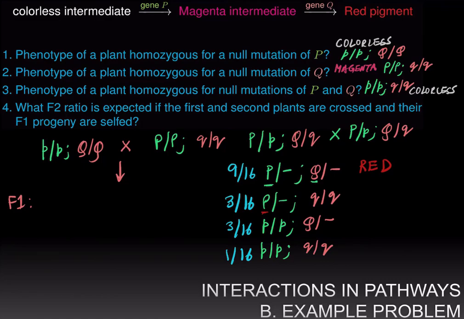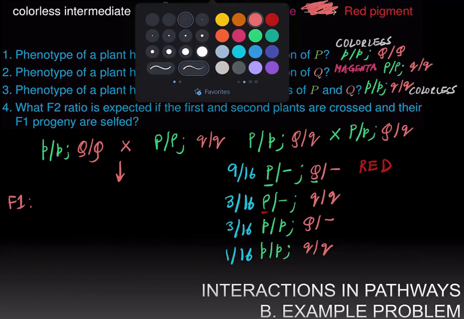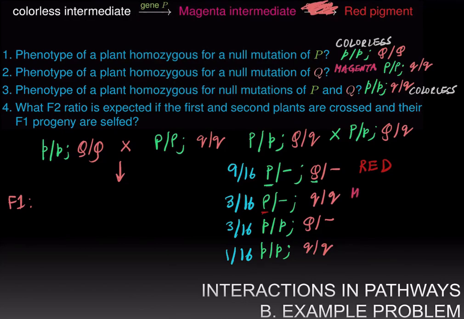However, they are homozygous for the recessive allele or the mutant allele for the second gene, and therefore they will not make the enzyme that converts the magenta intermediate into the red pigment, and therefore they will be stuck with the magenta intermediate, and they're going to have a magenta color.